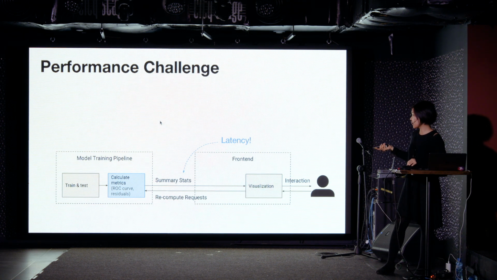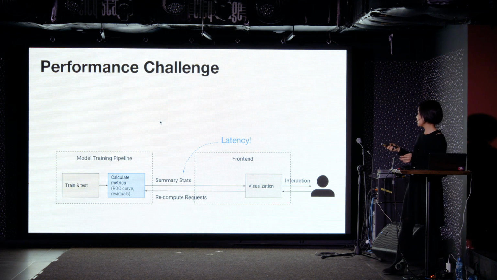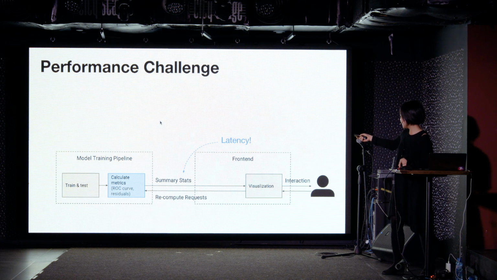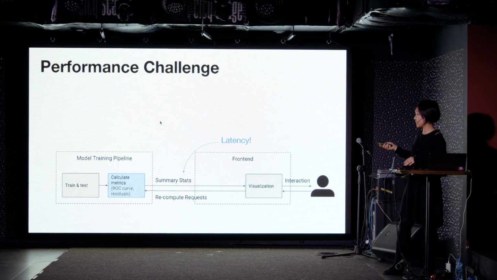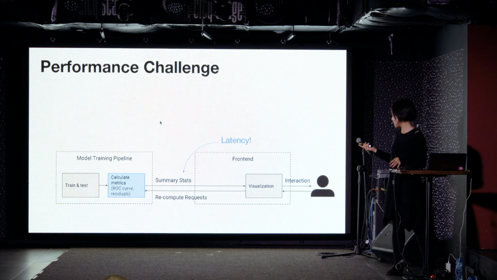However, this is no longer convenient in Manifold because instead of summary statistics, we also need to compute more detailed, more granular statistics, and we are going to allow user interaction. The system needs to generate new metrics every time the user interacts with it, and that will introduce a lot of latency.